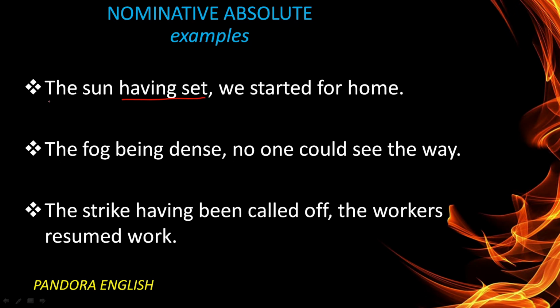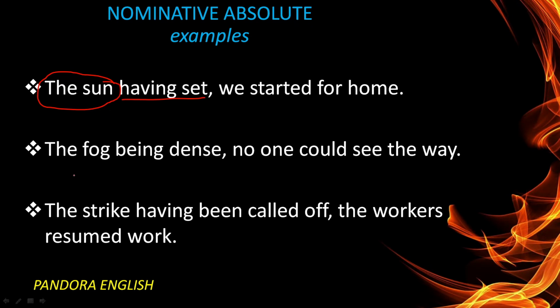Now these two are forming a special phrase. The perfect participle having set modifies the noun the sun. This special phrase, the sun having set, does not have any grammatical relation with the rest of the sentence.